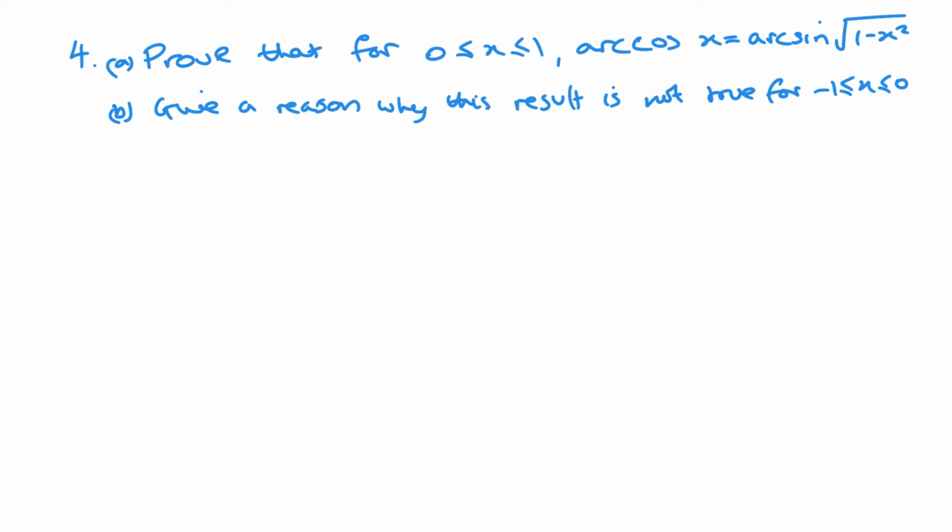Okay, prove from 0 to 1 that arccos x equals arcsin root 1 minus x squared. So we've done something similar to this, or looked at something similar. So let y equals arccos x. So cos y equals x.